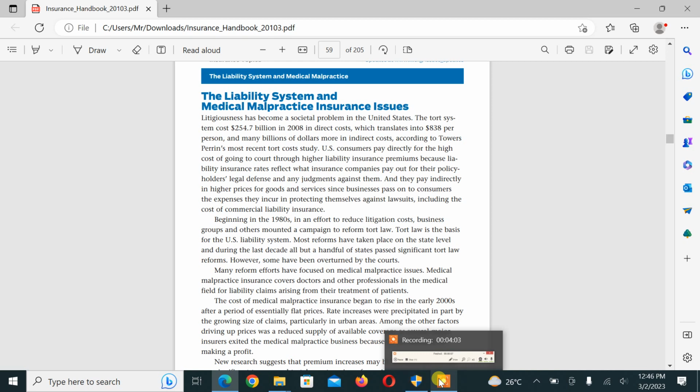Among the other factors driving up prices was a reduced supply of coverage, as several major insurers exited the medical malpractice business because of the difficulty of making a profit.